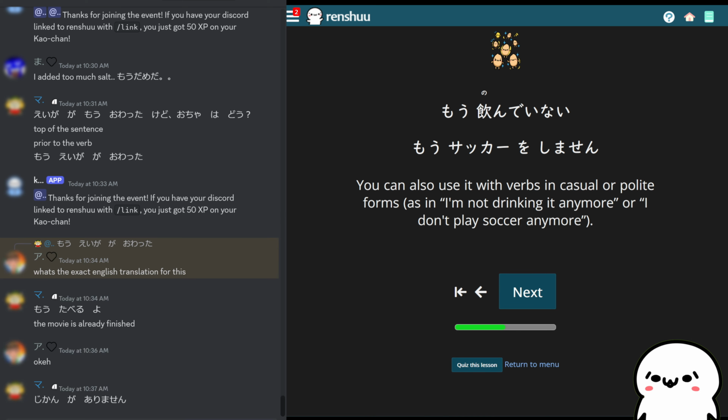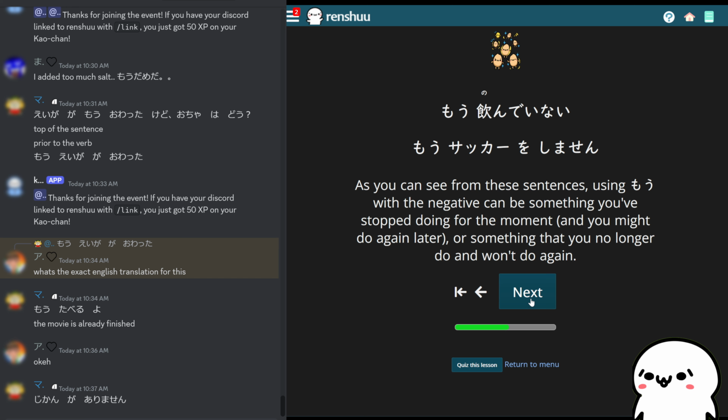The difference between these two, so they both refer to something that you did before, but you're not doing anymore. Actually, I'll jump to the difference in just a sec. So let's take a look at this panel. That'll help us a bit. So, you may or may not do this again in the future, but right now you're focused on something that you did before and you're no longer doing now.